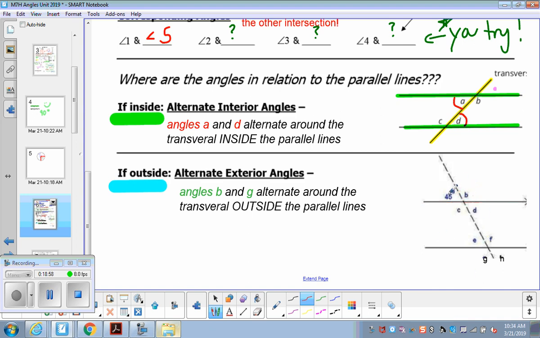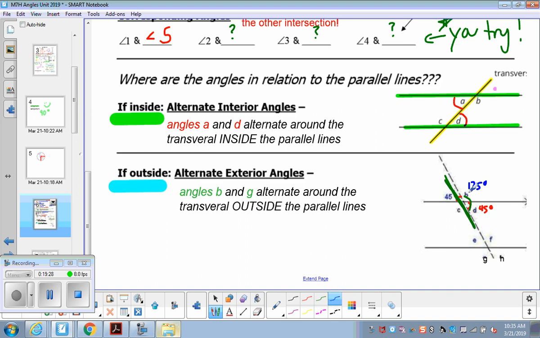Now I can also say that since D is vertical, it makes that little bow tie with it, this has to be 45. And that checks out with B still being 135 because those two angles together in green, B and D, make that straight line. So 135 and 45 check out to be supplementary here.